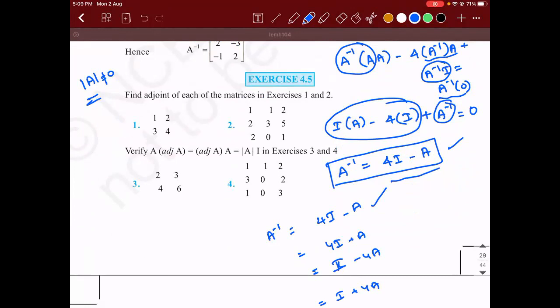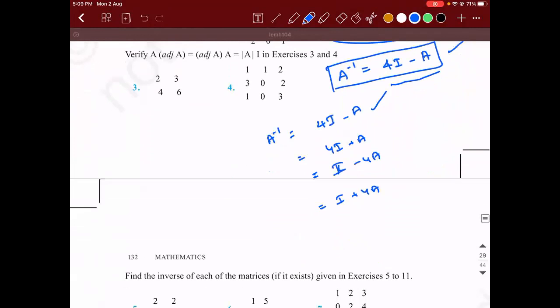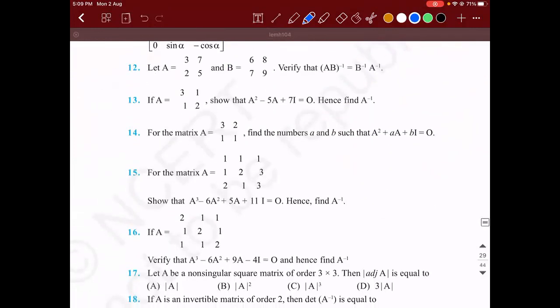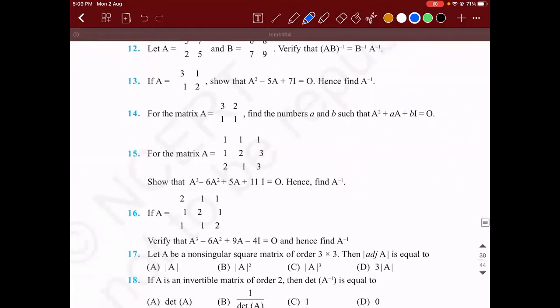Shall I proceed, guys? Yes, sir. Good. 14th one. This can definitely be given as an objective question.